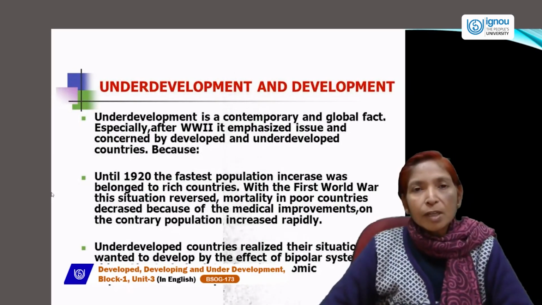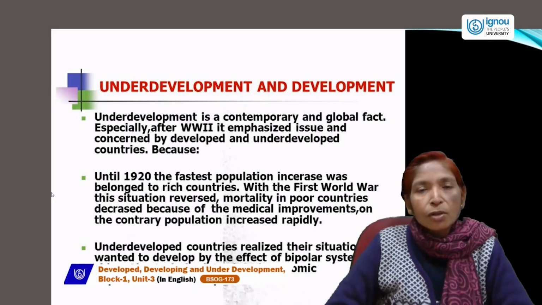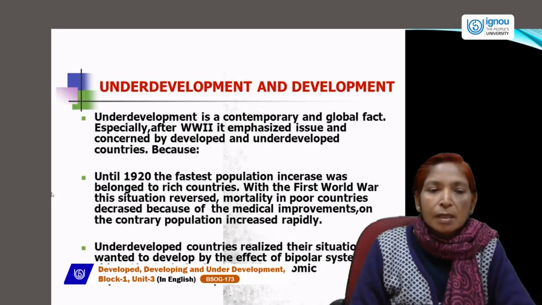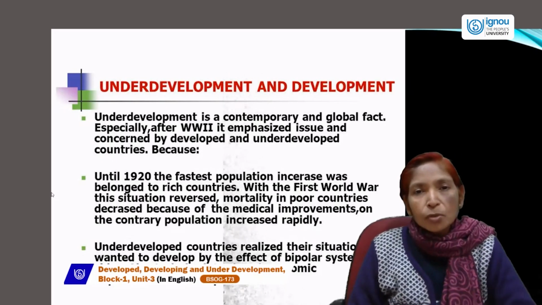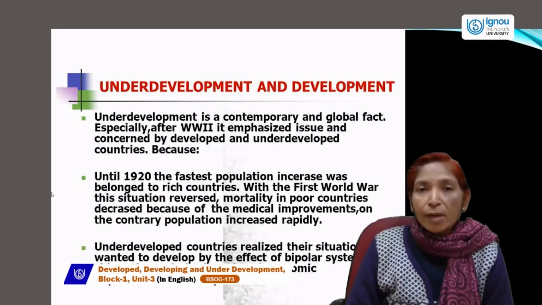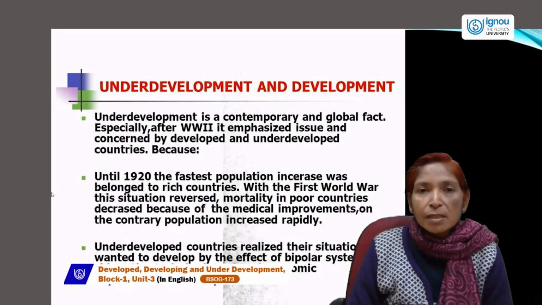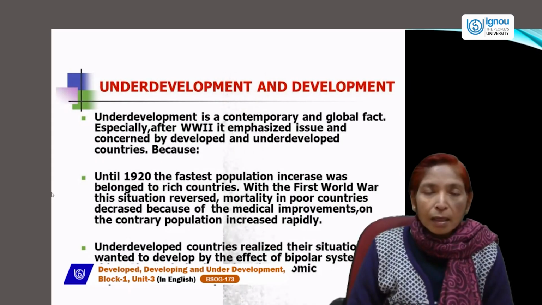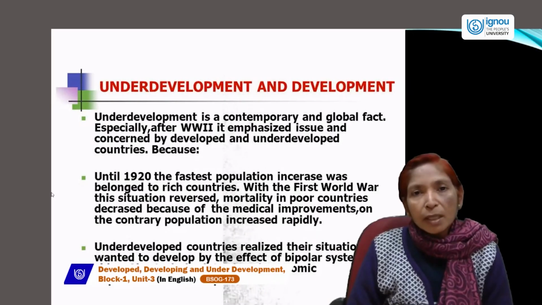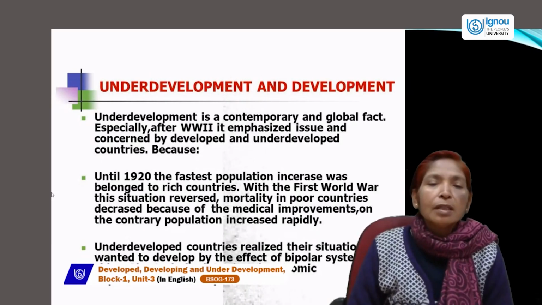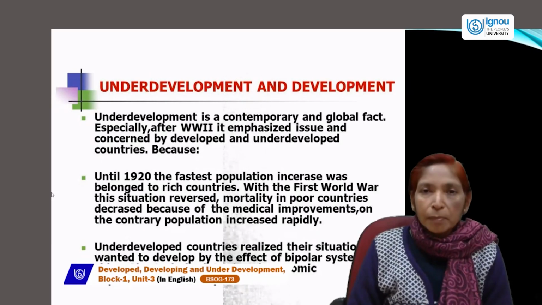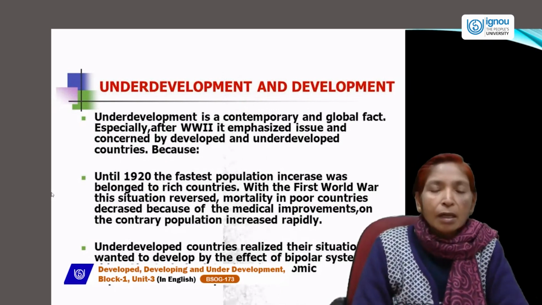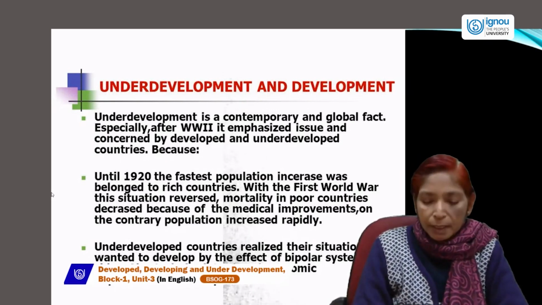And if technical advancement is going on, we are moving towards industrialization, and our country people are growing at a faster rate, their standard of living is improving, and they are earning higher income, then our economy will grow, and we will be called a developed economy. So this is the meaning of underdevelopment and development.